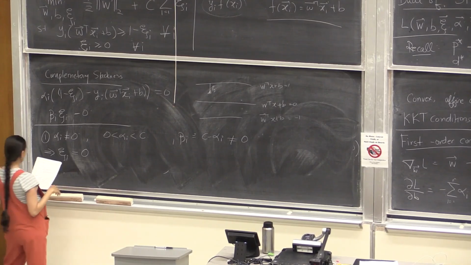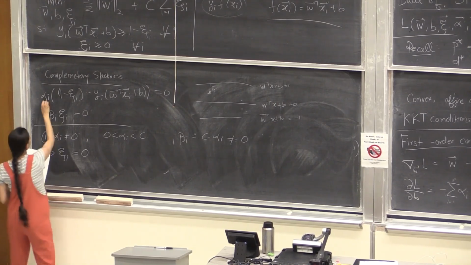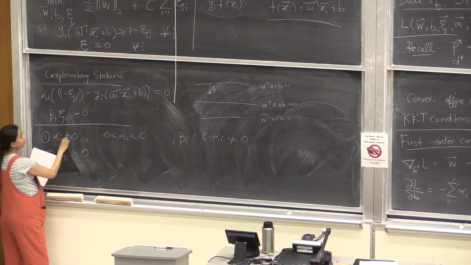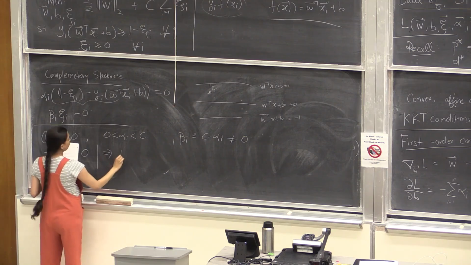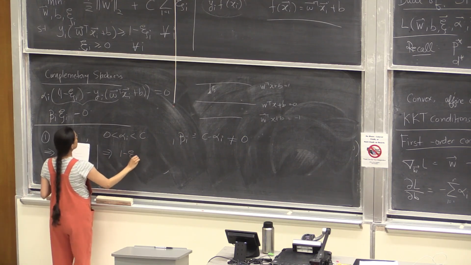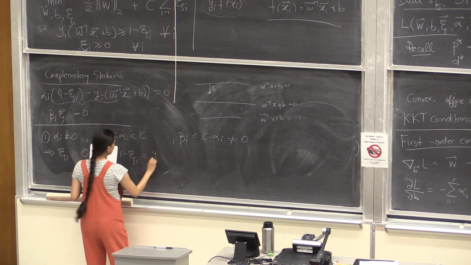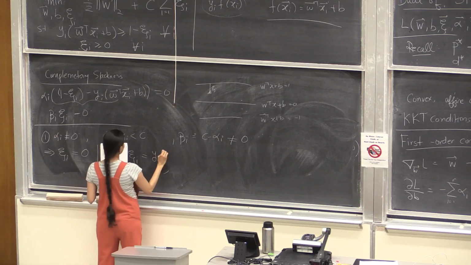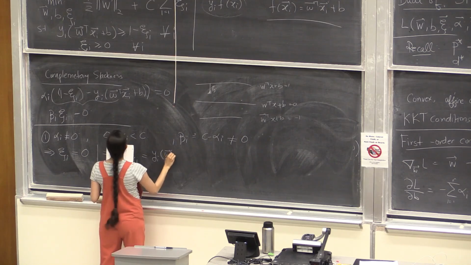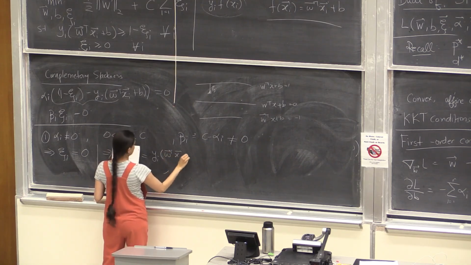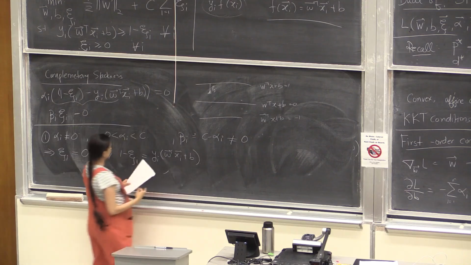But now further, I know that alpha i is not equal to 0. What does that mean about this? 1 minus psi i is actually exactly equal to y i times (w transpose x i plus b), right?